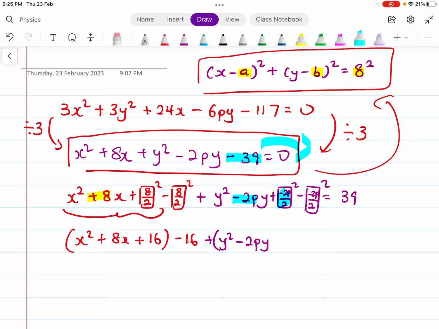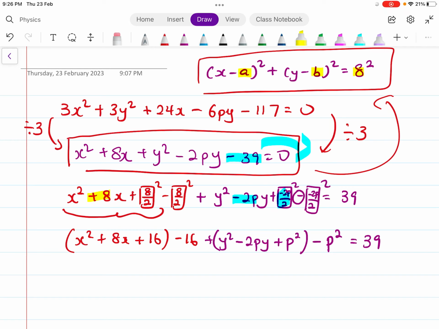The whole thing squared is p squared, so it's plus p squared, then close the bracket. Next is minus p squared, equal to positive 39. That's how we complete the square in this chapter.